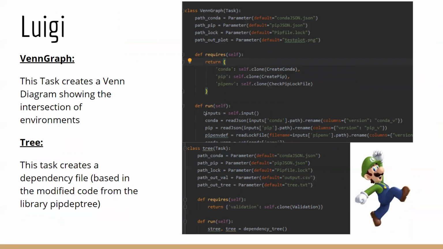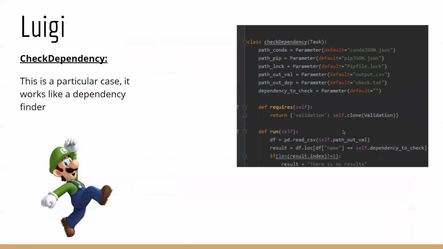And this is the Venn graph step, which creates a Venn diagram. It also creates the dependency tree as an end product. You can check the dependency of one single item, multiple items, or everything all at once, depending on what you pass as the parameter.